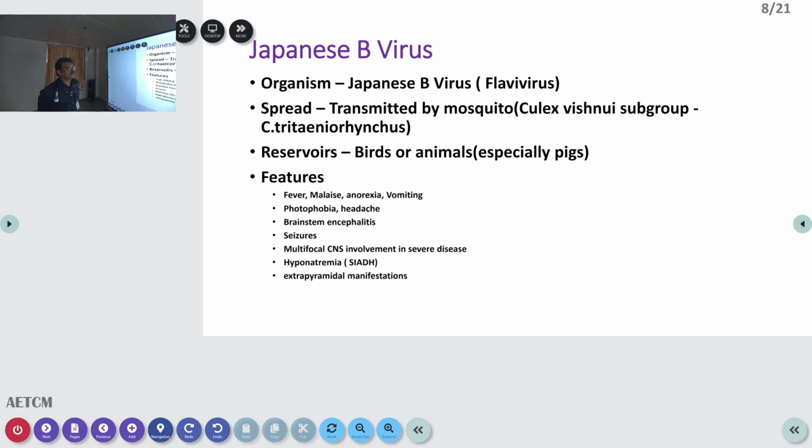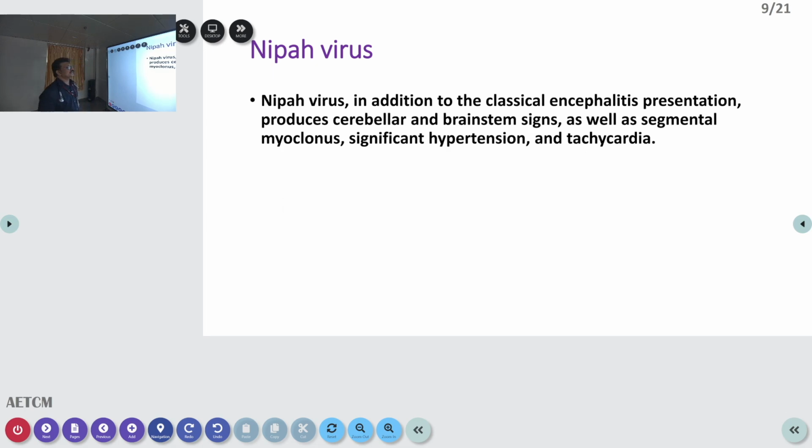One of the important encephalitis transmitted from pigs is Japanese encephalitis. Patients can have fever, body pain, anorexia, vomiting, photophobia, headache, brainstem encephalitis, seizures, multifocal CNS involvement, hyponatremia, extrapyramidal manifestations. All these things are features of Japanese encephalitis. There are vaccines available to prevent this infection.